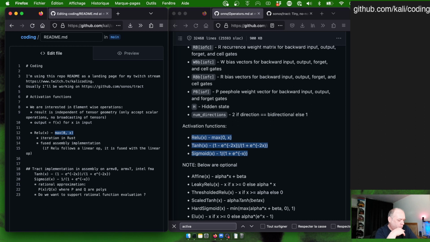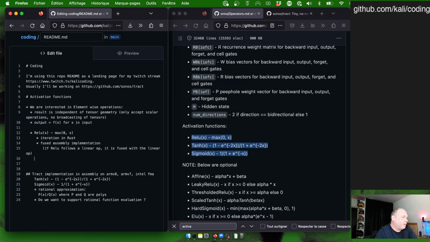The fact that it's fused with the end of the linear matrix multiplication means that we will not have to push the result of the matrix multiplication into memory, fetch it back, do the max, and then push it back to memory. So we are saving a lot of memory exchanges. Okay, so for ReLU, we have something which is half satisfactory already in Rust with the fused implementation.